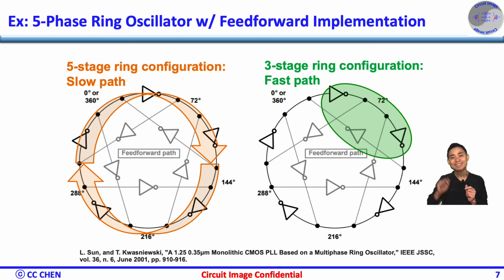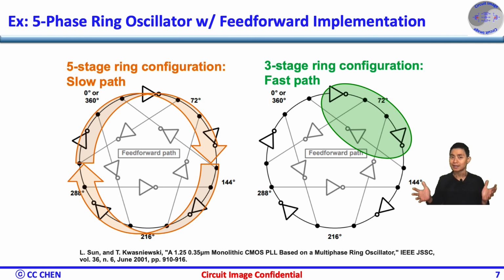So, the negative skew over feedforward delay concept removes the design trade-offs between the number of output phases and oscillation frequency. But the example is an odd number of output phases.